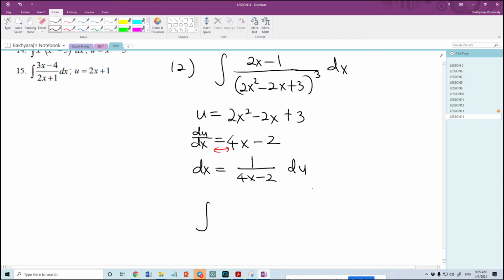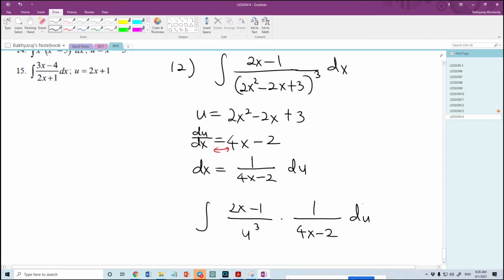Integrate 2x minus 1 over, then here u, right? u to the power of 3, because u is just 2x squared minus 2x plus 3, but somehow you got the power of 3, so it becomes u to the power of 3, and dx is replaced with 1 over 4x minus 2 du.